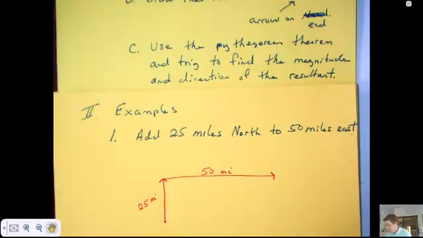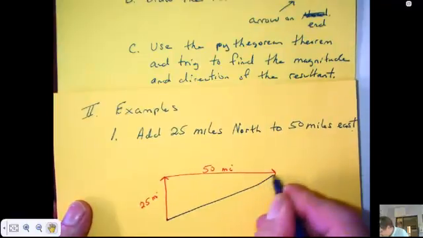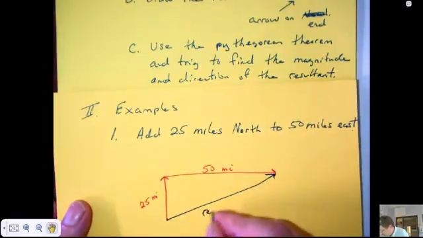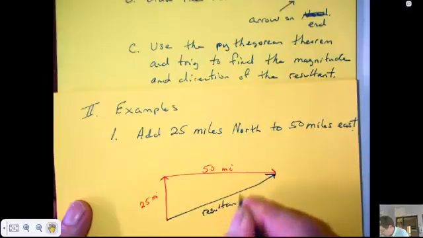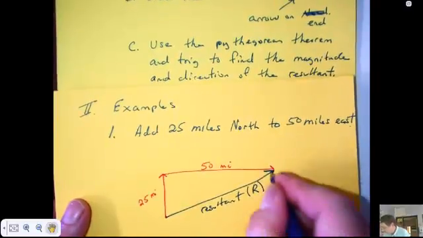Then we need to draw the resultant from beginning to end. So here's the resultant. Call that vector R.